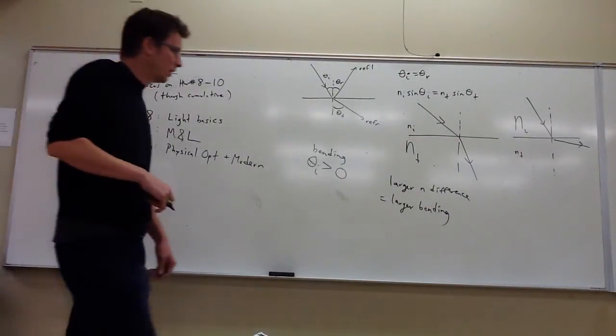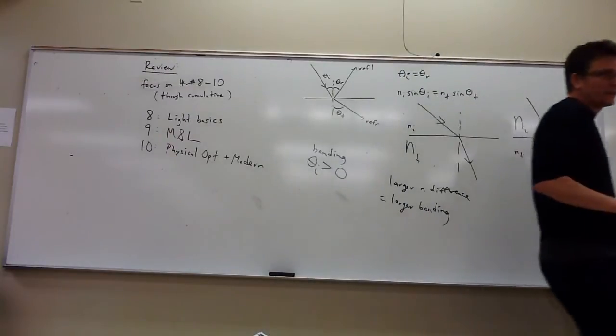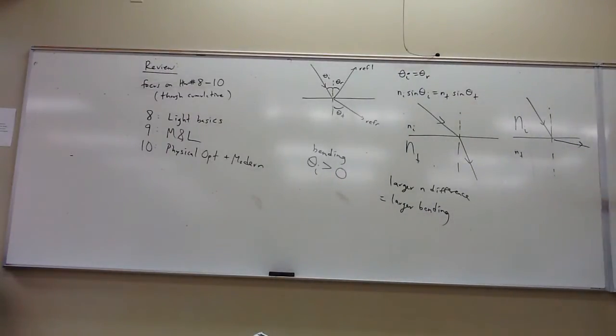And then, as far as bending away from the normal, we have access to an extra phenomenon called TIR, total internal reflection. And the whole idea there is that you can bend so far away from the normal that you don't actually make it into the second material.